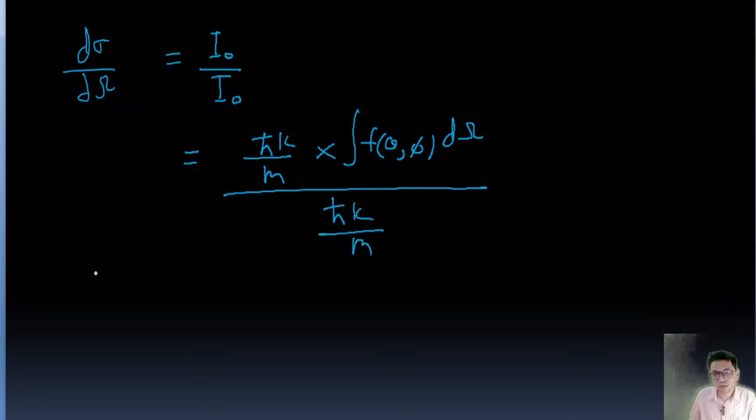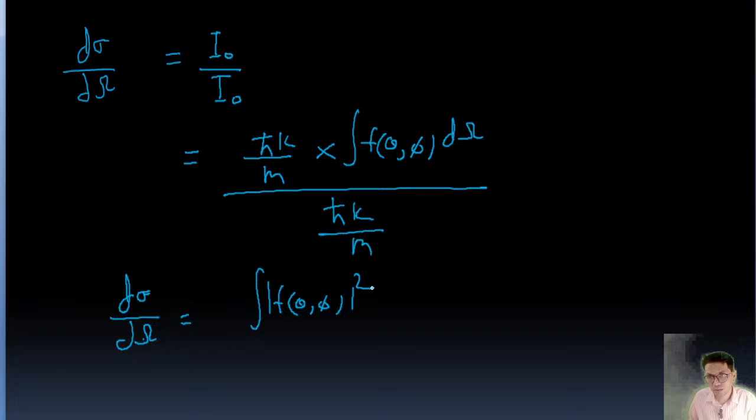So from here, the value of dσ upon dΩ is going to be the mod square of f, which is a function of θ and φ.